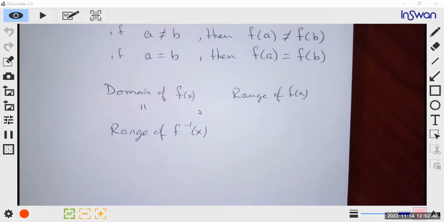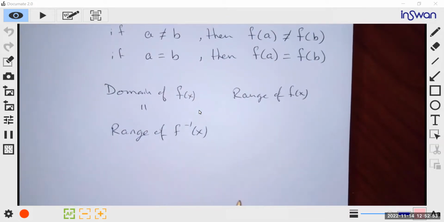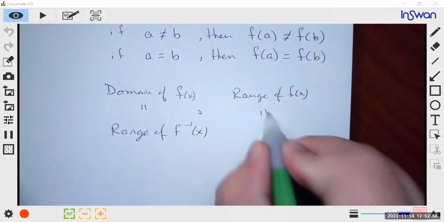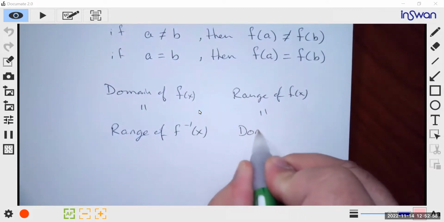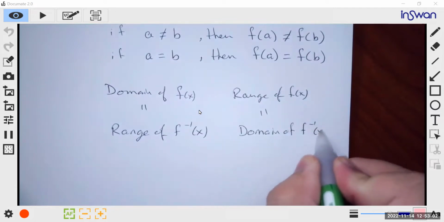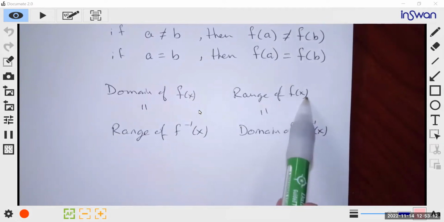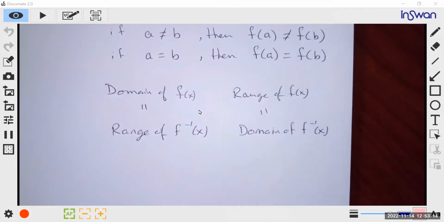Oh, sorry. So the domain of the original function equals the range of the inverse. And the range of the original function equals the domain of the inverse. What does that mean? Domain of the original function equals the range of the inverse. And the range of the original equals the domain of the inverse.